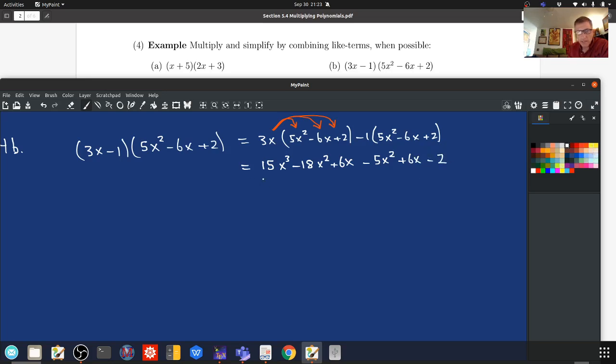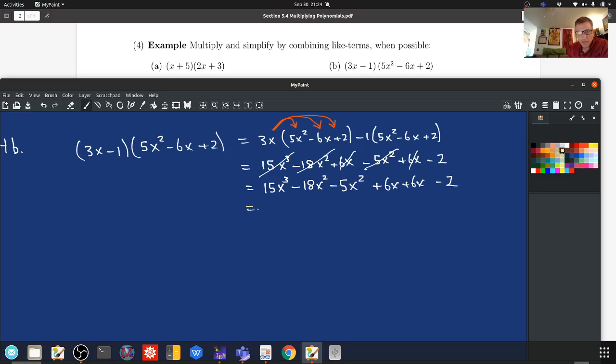So let's go ahead and collect like terms. So I have my degree 3 term down. Let's do my degree 2 terms. I'm just writing a line through them, so I'll make sure that I get them all copied down. My degree 1 terms, and then my degree 0 terms.